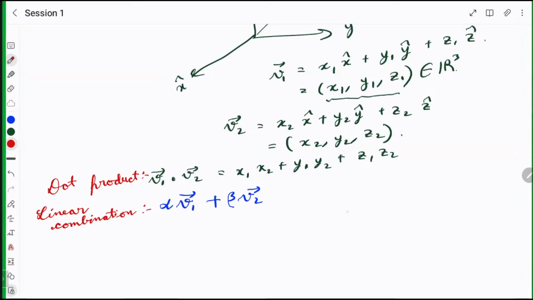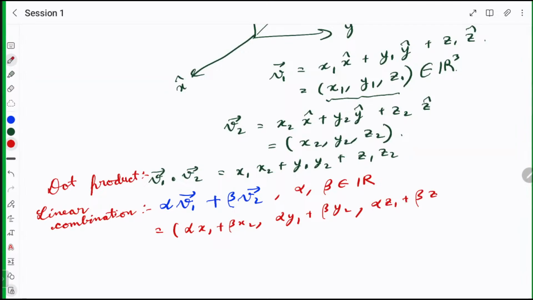And if you take a linear combination where alpha, beta are real, then you would have something like alpha x1 plus beta x2. Is this clear?